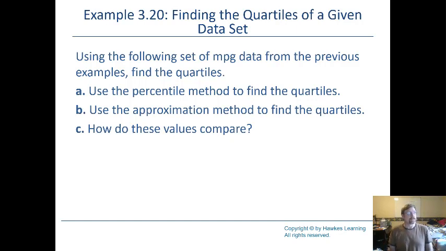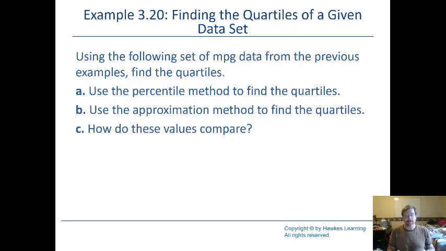Okay, sorry, I had to stop and read through the approximation method. If we use the percentile method, we just use values of 25, 50, and 75 and find the numbers that go with that. That would give us the quartiles, the count values that go with the quartiles.